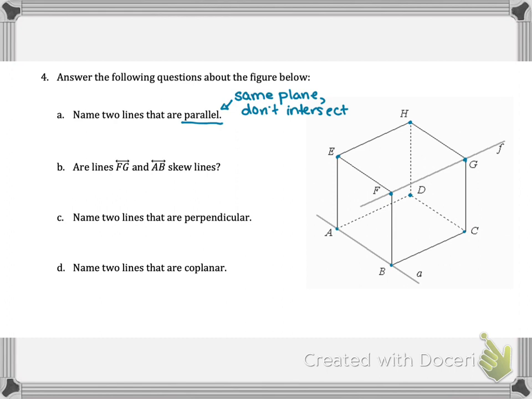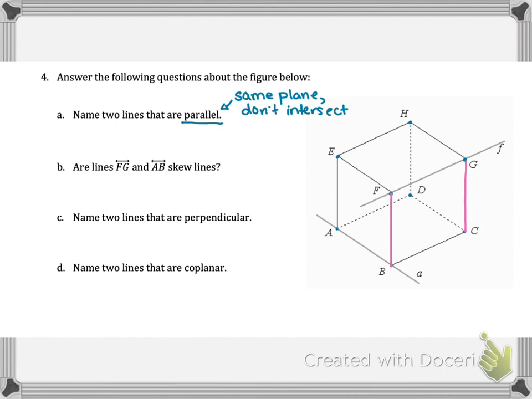So let's do these in pink. So two parallel lines. I'm going to look sort of like I'm at the front of the box. This line right here in pink, FB, and line GC, those are parallel. They would never intersect. And because they're both on the front of the box, they are on the same plane.